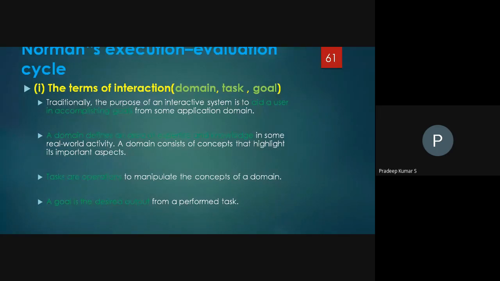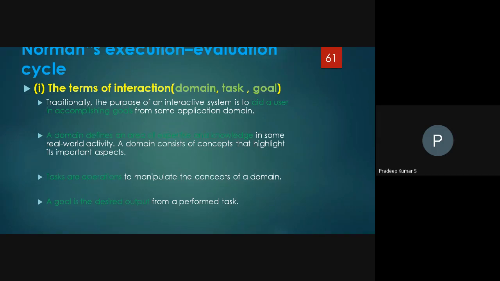So what is in my delivery of the lecture? What is the domain? I can give a good PPT. That is the domain. What is the task? I want to give a good PPT, so what operations, methodologies, books and materials do I refer to? That is the task. What is the goal? I want to clarify all the points to reach everybody.